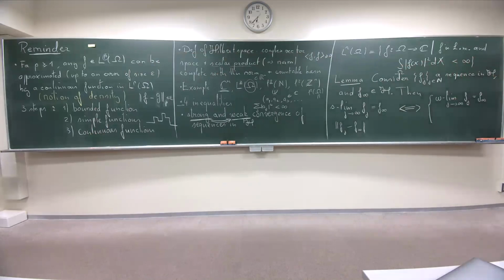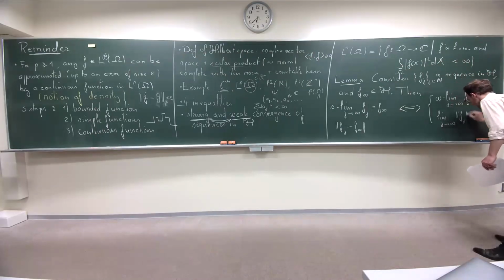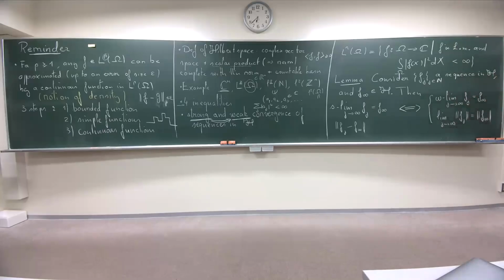But of course, I cannot stop here, because if I stop here, it means these two notions are equivalent. So it means there is a second condition. And the second condition is that the limit of the norm of Fj is the norm of F infinity. So you need these two conditions. The weak limit, remember what you compute is something like this, Fj minus F infinity, but you do it in a scalar product with a g.